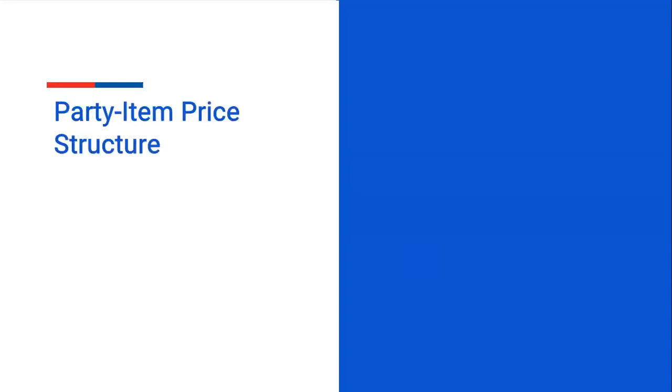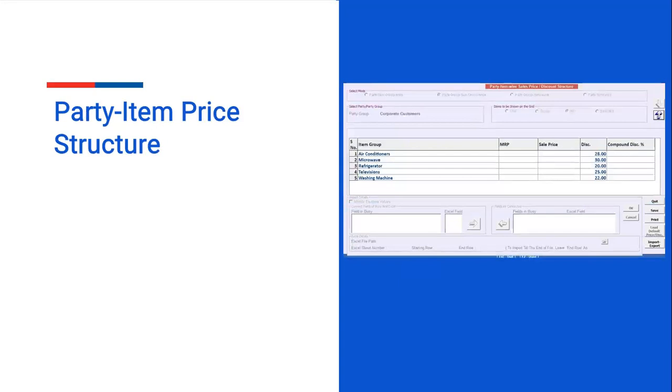After creating the salesman master, you have to set the item price structure. As I told you, you have to select party group wise, party item wise, or all parties. I selected party group wise. For corporate customers, I loaded the items. We can set the discount: for corporate customers, the air conditioner discount will be 28%.